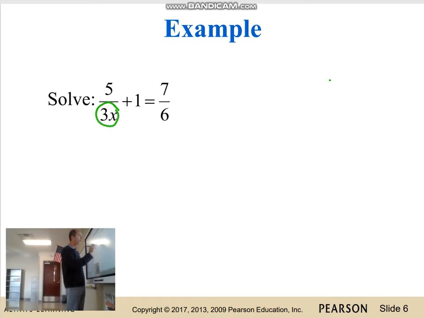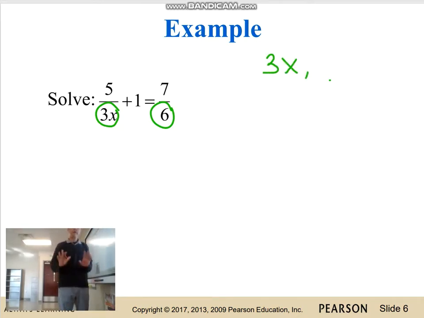We have 3x as one denominator and 6 as the other denominator. So the denominators are 3x and 6. Remember, to find the least common denominator, you need to identify all the unique factors. And 6 is 2 times 3. It is better to write the denominators using the factors, or the prime numbers in the case of the numbers.